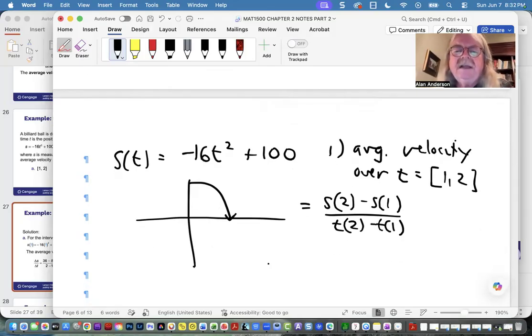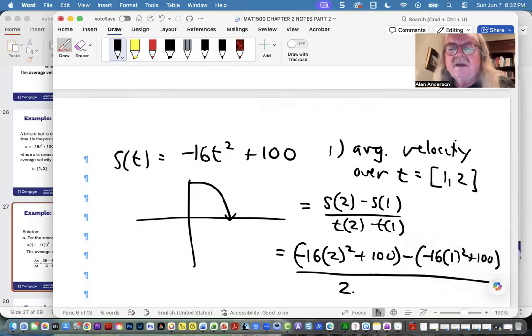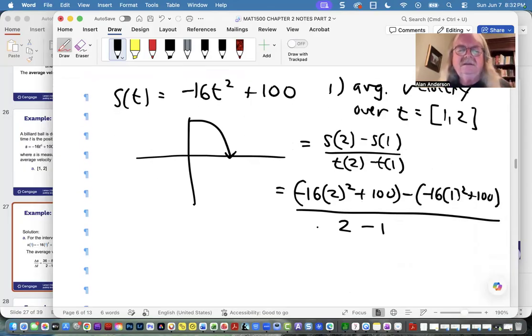Now, S of 2 is, okay, so I just replaced the T with 2. Now the times are just 2 and 1. Okay, we don't really need a separate function for that. But anyway, here's what we're going to wind up with.